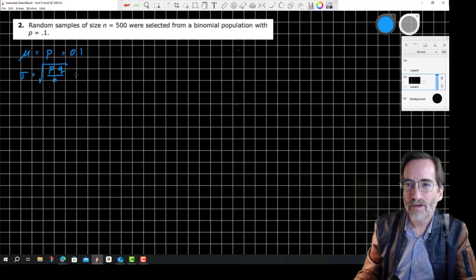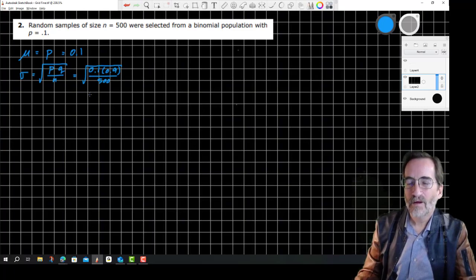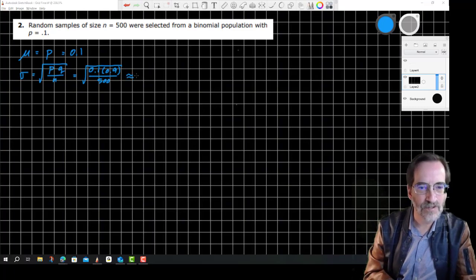So in this case, that is 0.1 times 0.9 divided by 500. And so that's our standard deviation, and we can come up with an approximation here. Let's go ahead and do that.